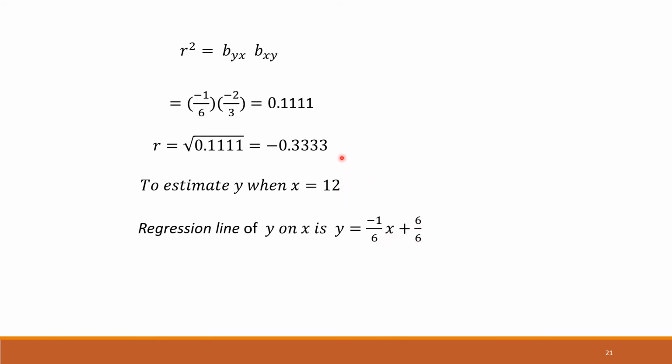Put x equal to 12 and calculate the value of y. So y is equal to minus 1 by 6 into 12 plus 6 by 6, that is minus 2 plus 1, which is equal to minus 1.